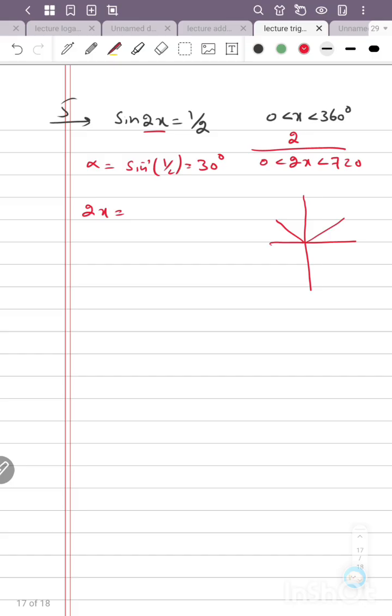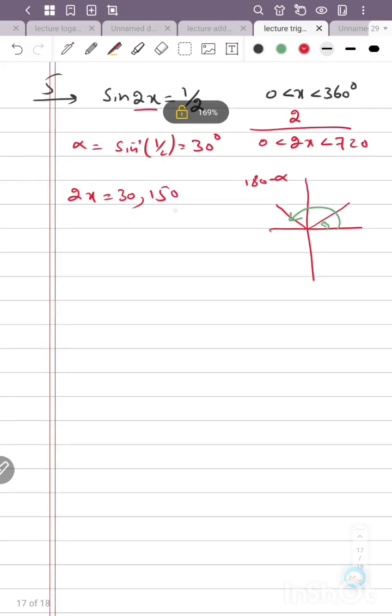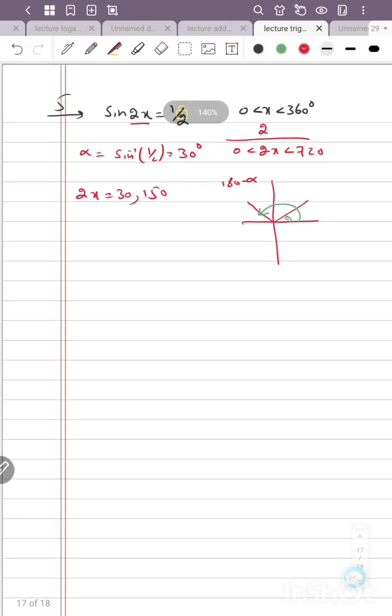Okay, now we have to start from here. This is 30 degree. Now if we move from here to here, we get the answer 150. Why 150? Because 180 minus alpha, 180 minus 30, the answer is 150. Now we have to move in the next direction.